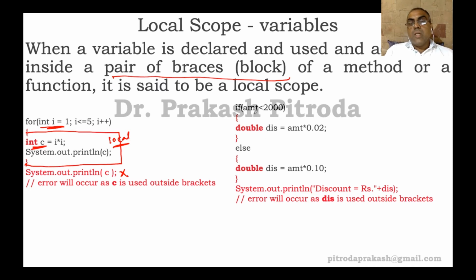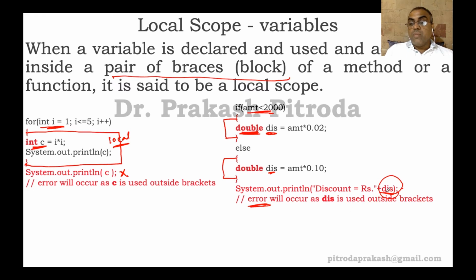Similarly, in a condition also, when you declare a variable with its data type inside, you cannot use it outside. This variable is not available here, and you will get an error message. Why?